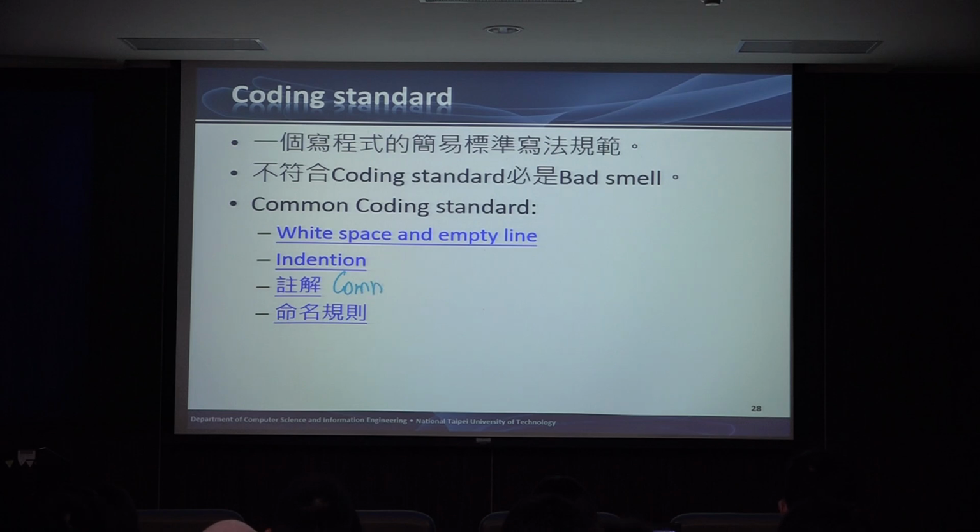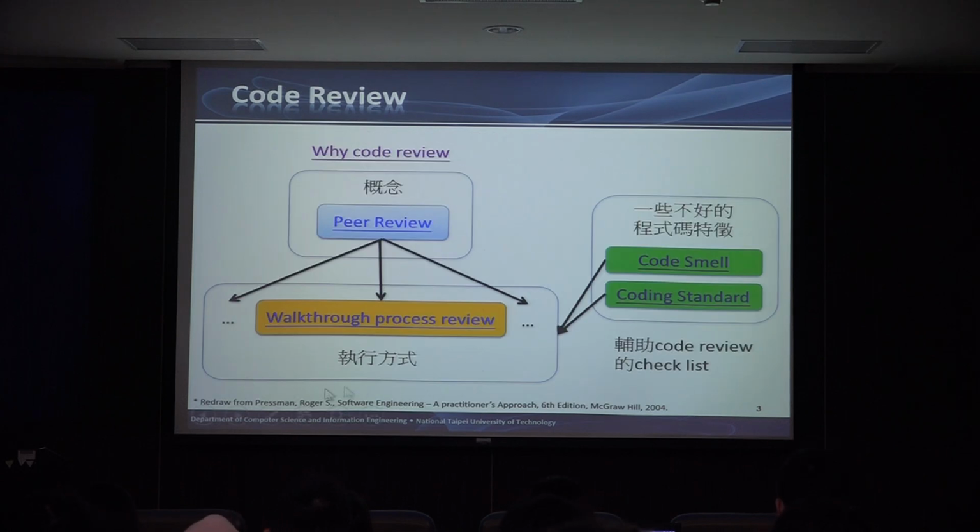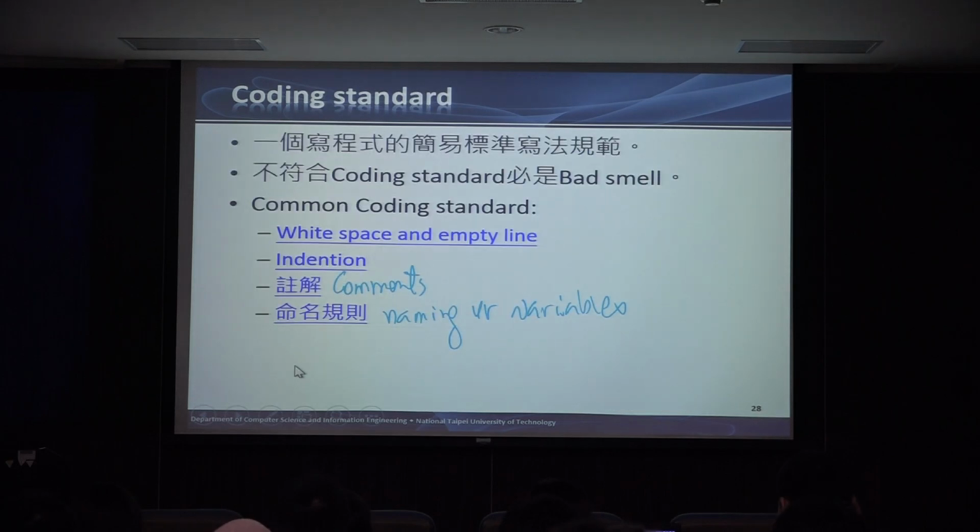How do you want to write a comment? And how do you want to name your variables? Those are the things that we will look at. Let's look at the white space.